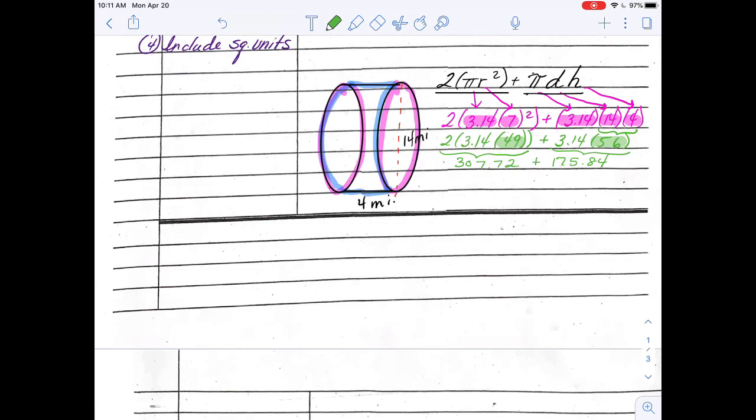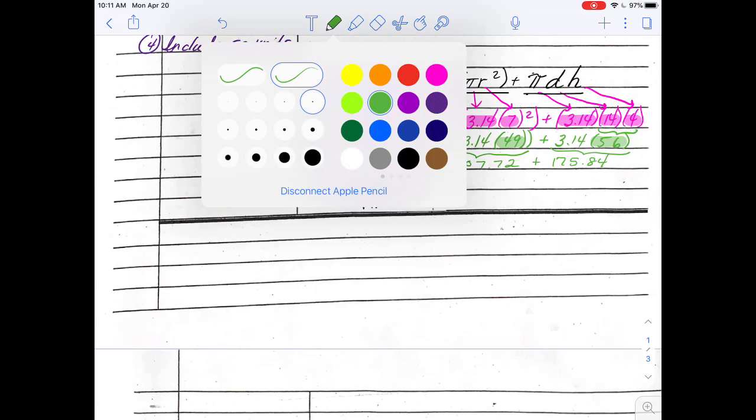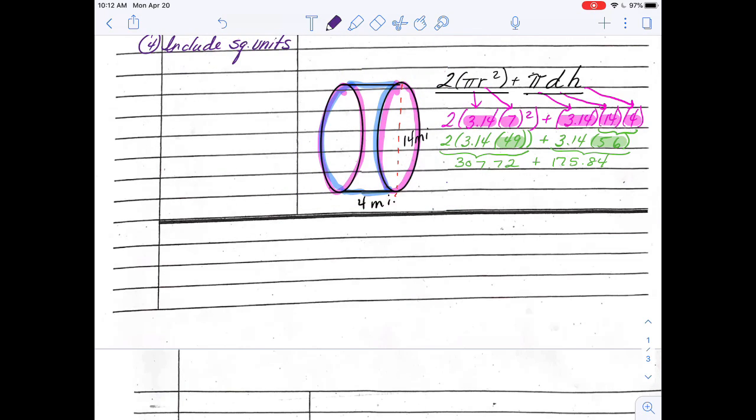And of course, the last thing I'm doing is finding the sum of those, so I add those together, and when you do, you get 483.68 miles squared.